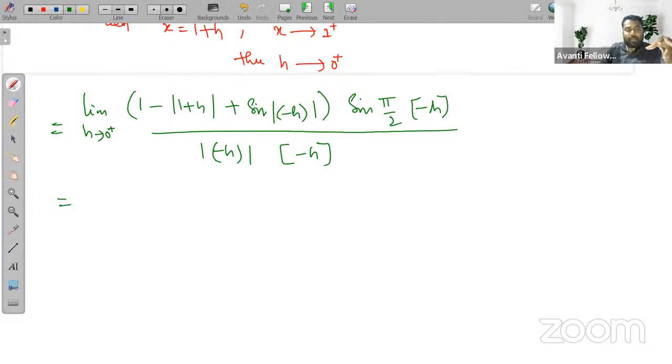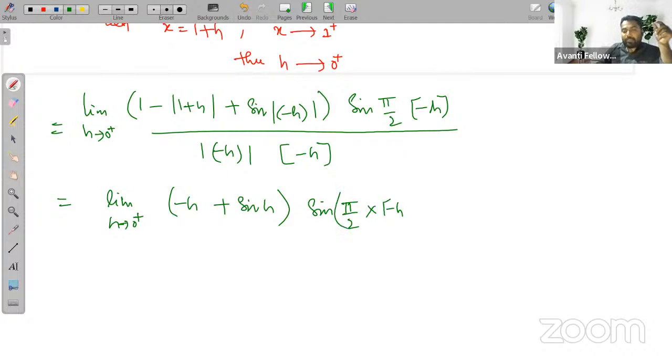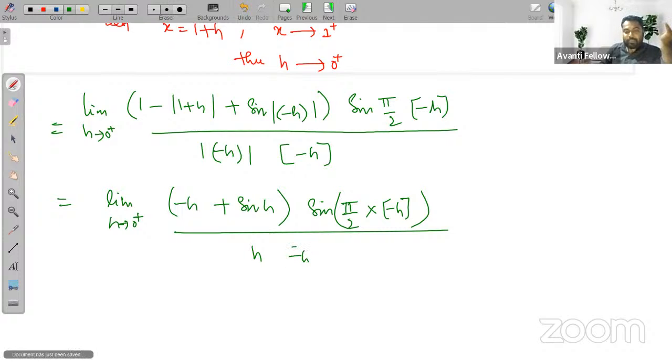That means my limit as h tends to 0 plus becomes 1 minus 1, that is 0, minus of h plus sine of h, because mod of minus h is h, sine of h whole into sine of pi by 2 into greatest integer of minus h, divided by h into greatest integer of minus h.